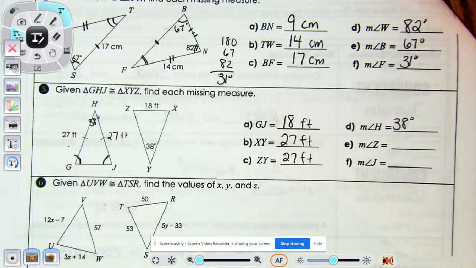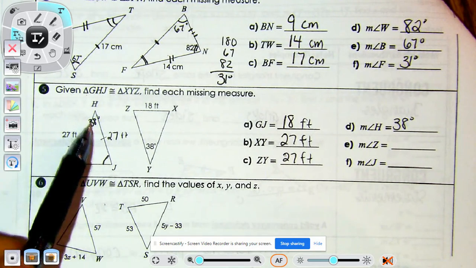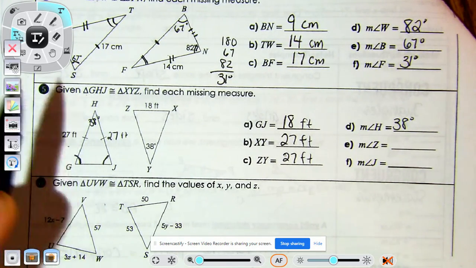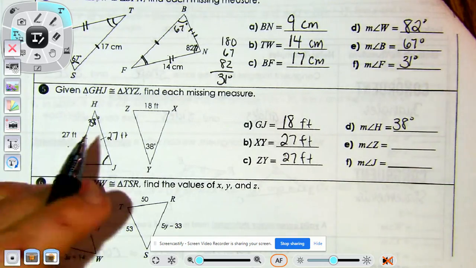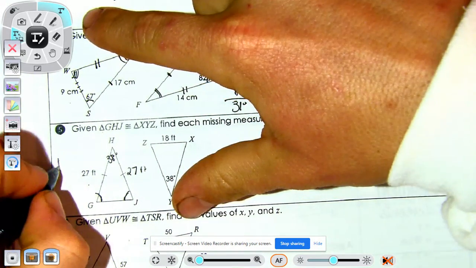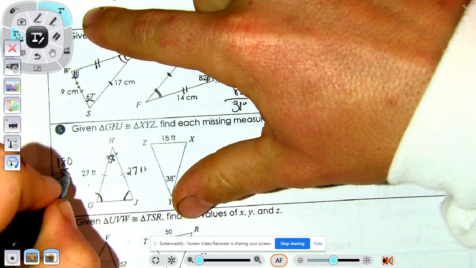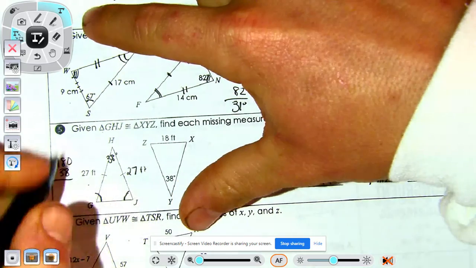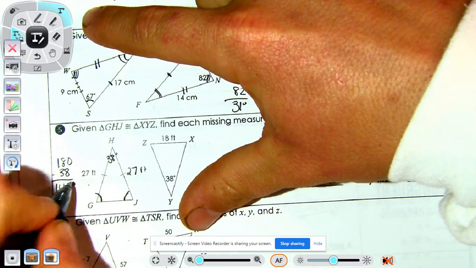So I know that 38 plus two angles that are going to be the same down here are going to add up to 180. So if I was trying to solve for that, I would take 180, subtract 38, get 142 degrees. So these two angles should add up to 142 degrees. They're also going to be congruent.